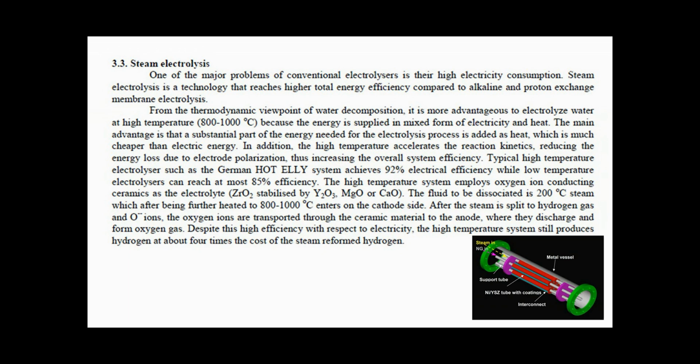So I'm basically forming H2 plus O2 minus. That O2 minus diffuses through a ceramic conductor from one side to the other side, and is reoxidized on the other side after getting transported, forming oxygen.